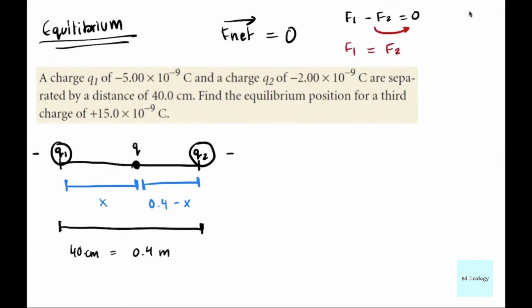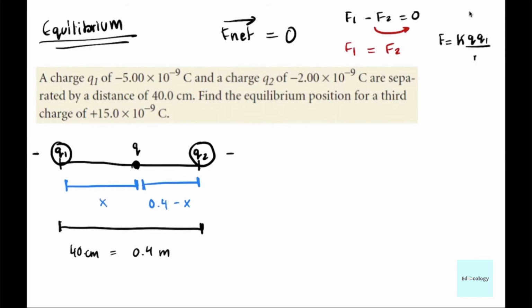You cannot have a state of equilibrium if the electric forces aren't equal to each other. Okay, because when they're equal to each other, they will basically just cancel each other out, resulting in F naught being 0 newtons.